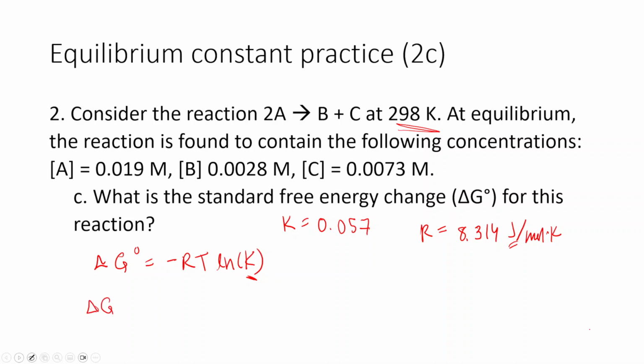So delta G naught equals minus R, and we can leave it the way it is if we want, 8.314 joules per mole Kelvin times temperature, that's 298. And then the natural log of the equilibrium constant, so that's 0.057.